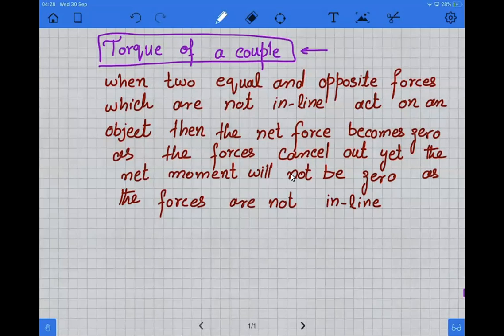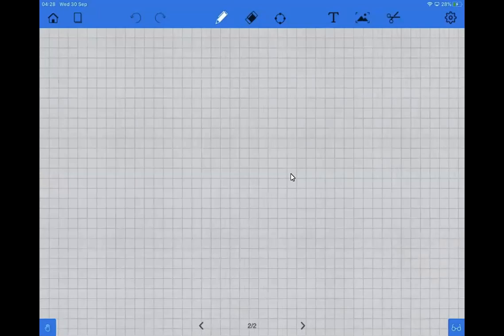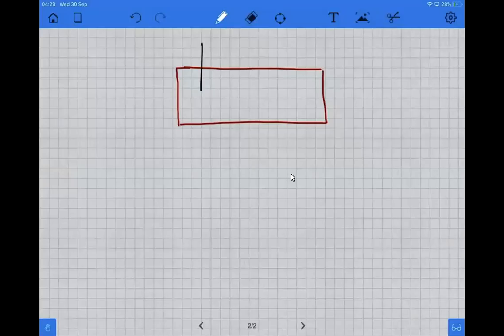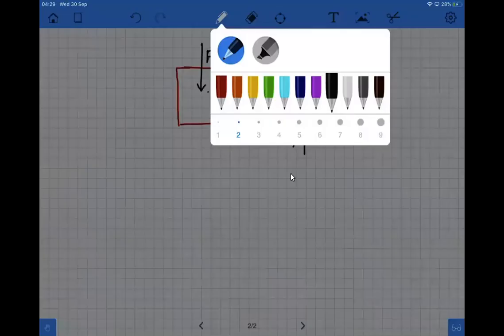So if we want to represent a couple, basically the idea is, whenever an object is acted upon by two forces, for example, if this force is F and this other force is also F, and the distance in between is, for example, D, then this makes a couple.